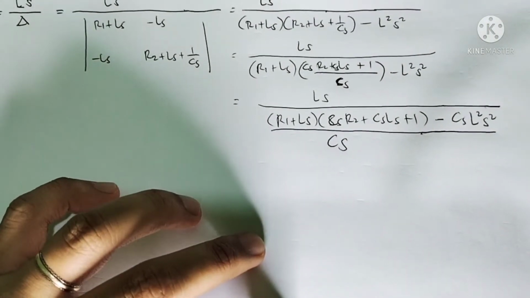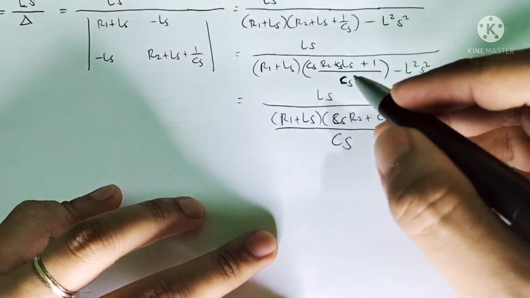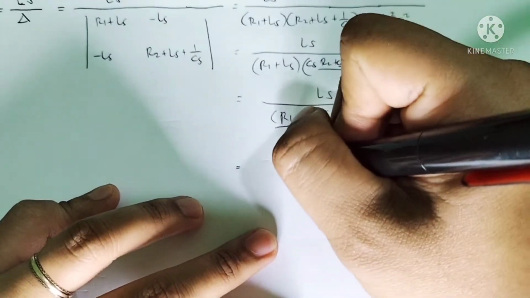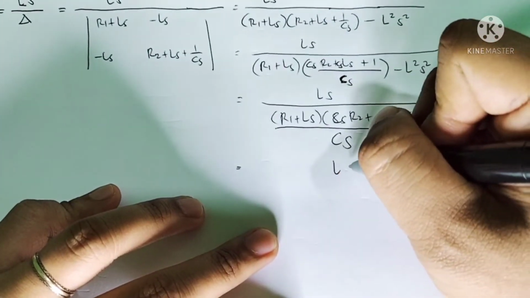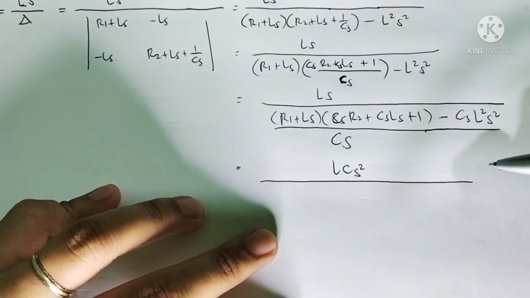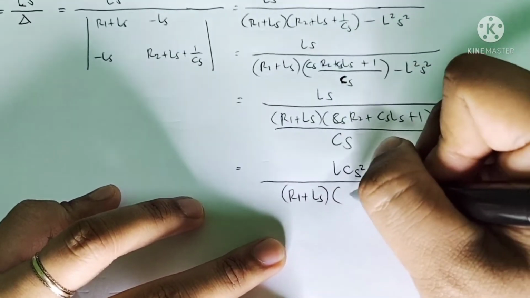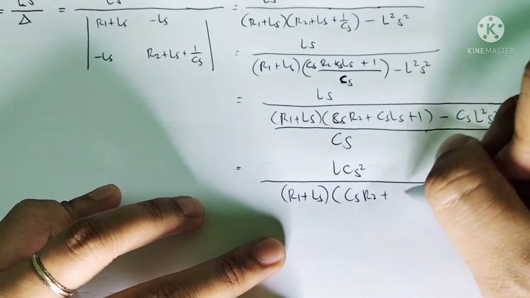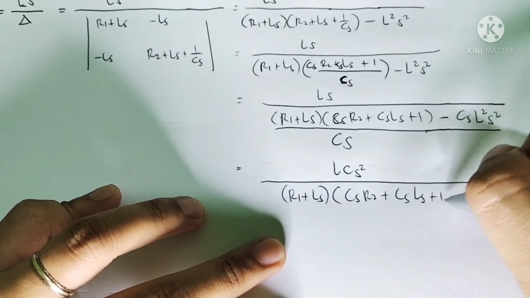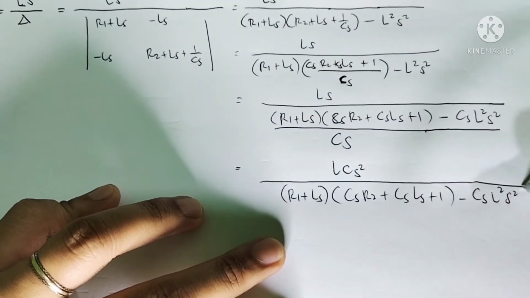Then multiplying to the top, this will be LCs squared divided by R1 plus Ls times Cs R2 plus Cs Ls plus 1 minus Cs L squared s squared.